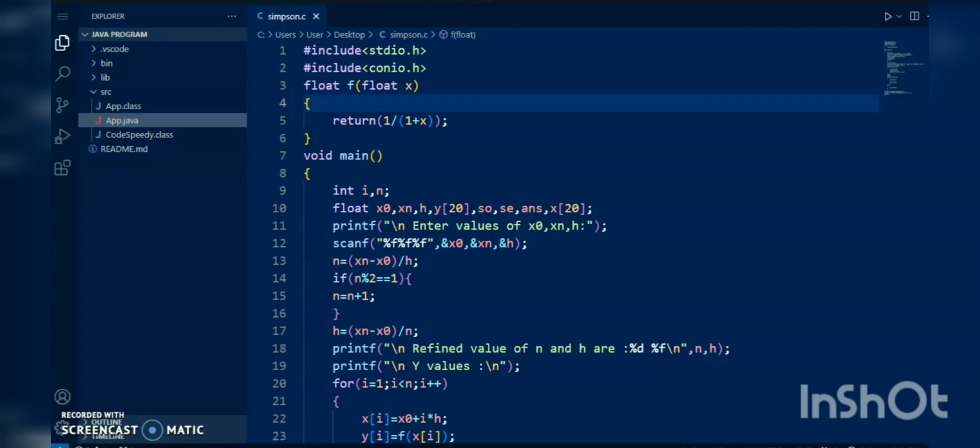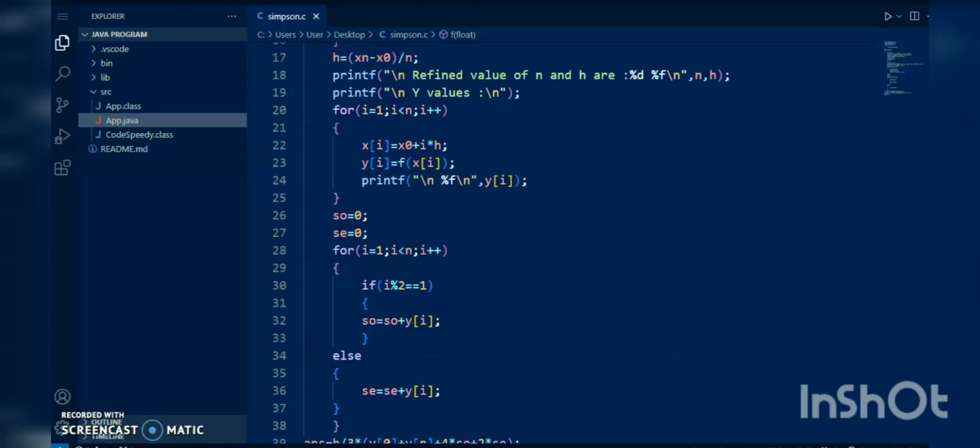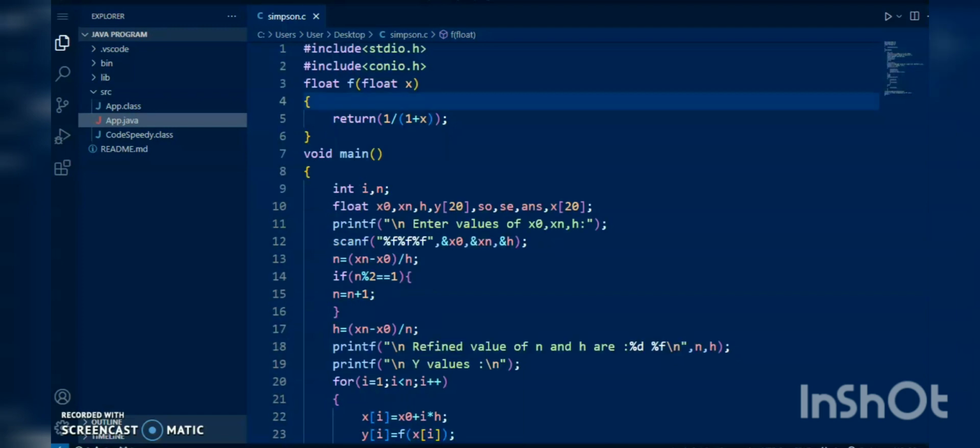I took this value. Now void main, and int i, n; float x0, xn, h, y[20], which means a total of 20 values, and answer. Then printf: enter values of x0, xn and h.